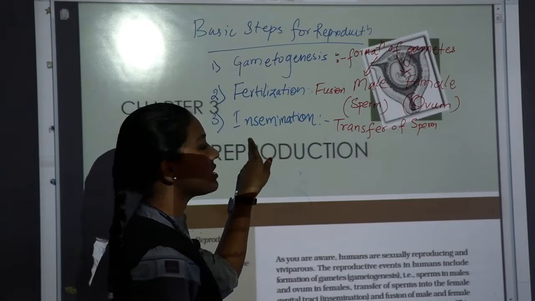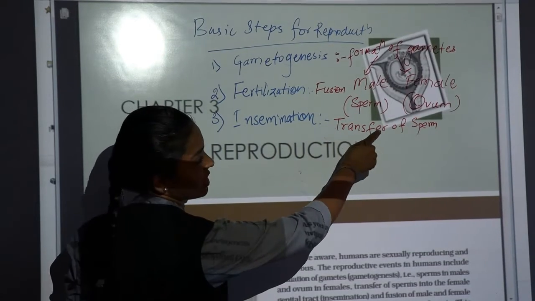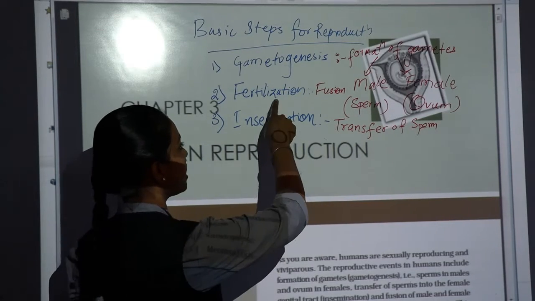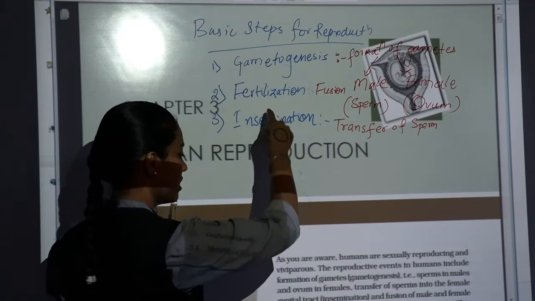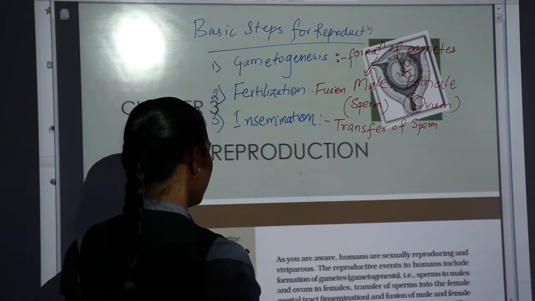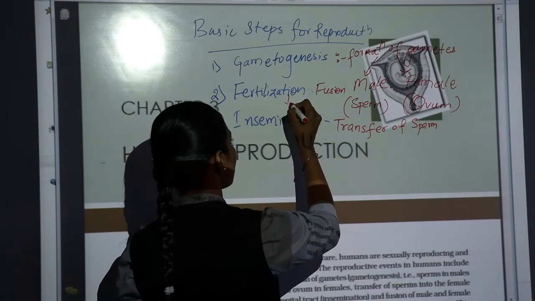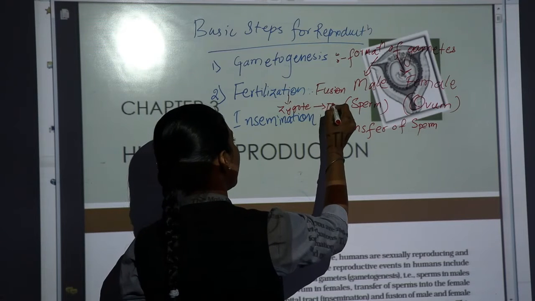Once the sperm enters the female genital tract, it goes for fusion, that is the fertilization step, and fertilization leads to formation of zygote and then embryo.